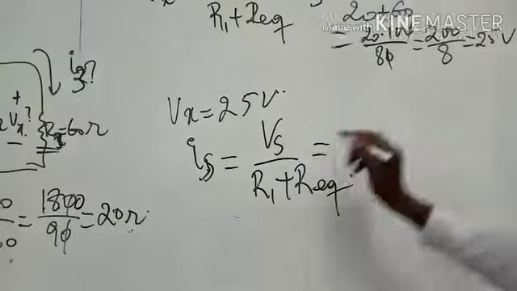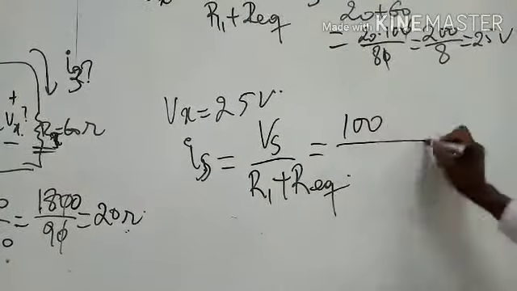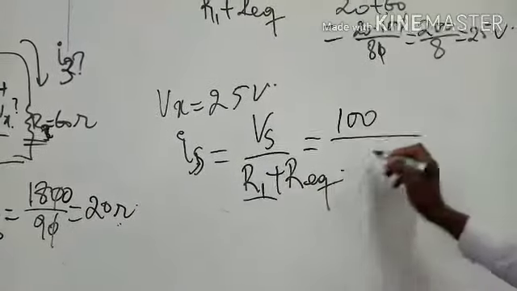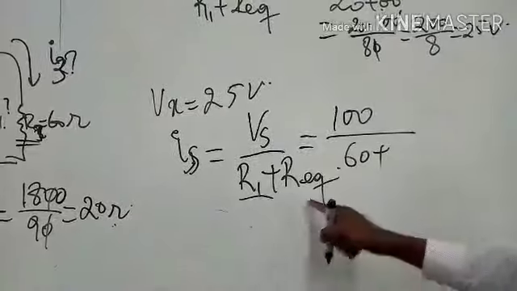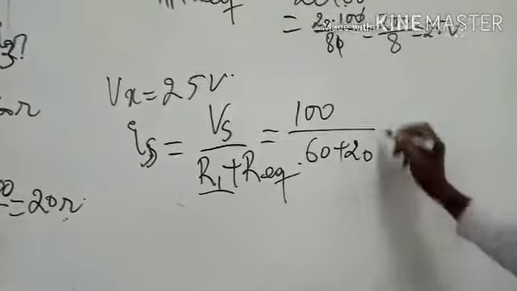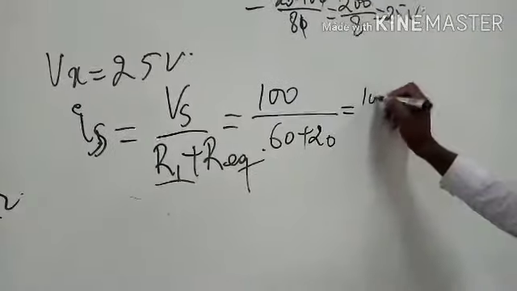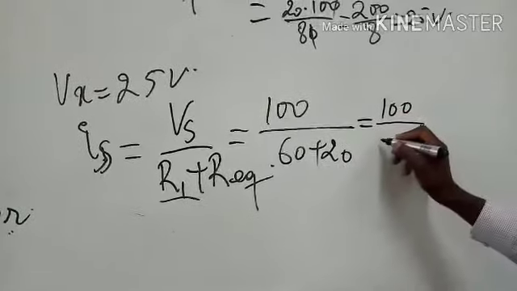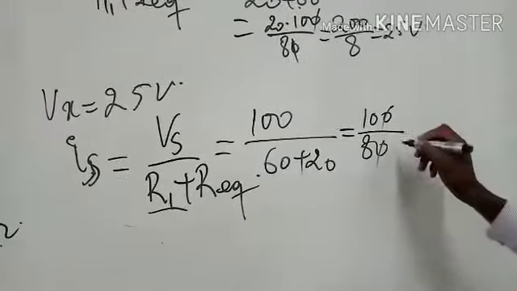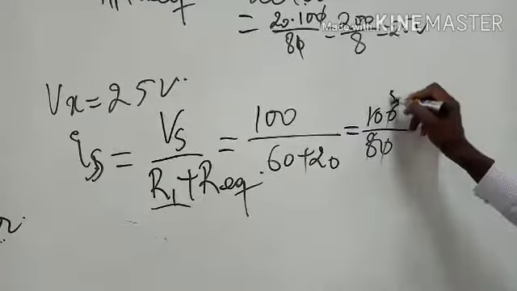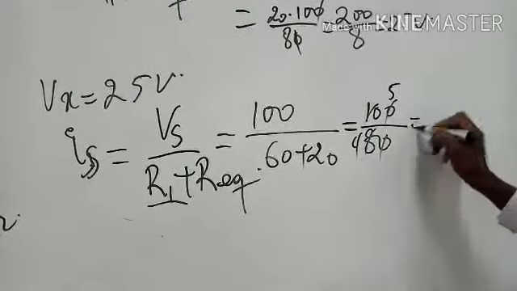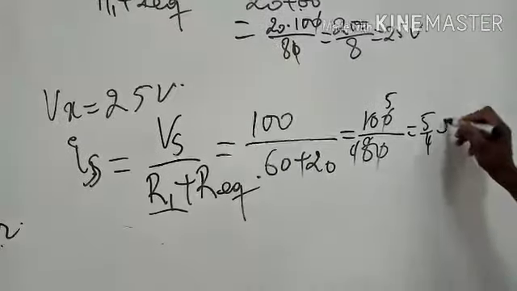We have Is equal to 100 over resistance 1, which is 60, plus R equivalent, which is 20. Then we get 100 over 80, and simplifying by 20, we get 5 over 4.